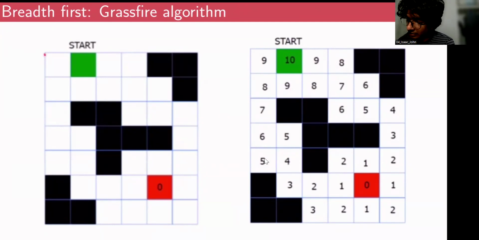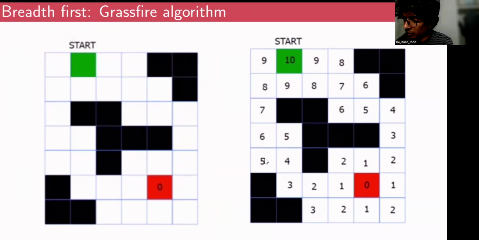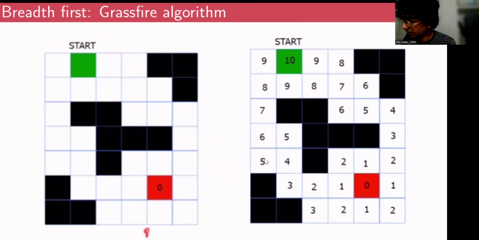So this is a map of the environment. You consider this to be the start position, and you consider this to be the goal position, and you assign the path cost g of n to be 0 at the goal position, right?